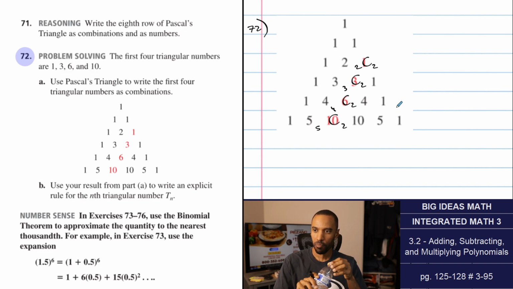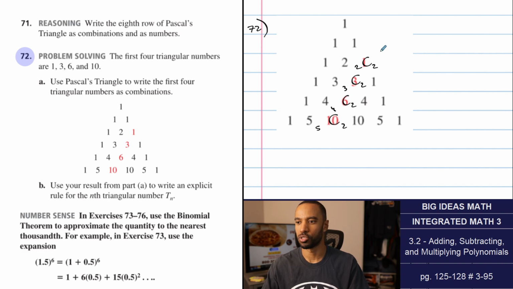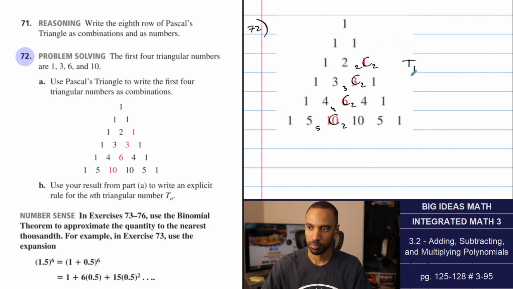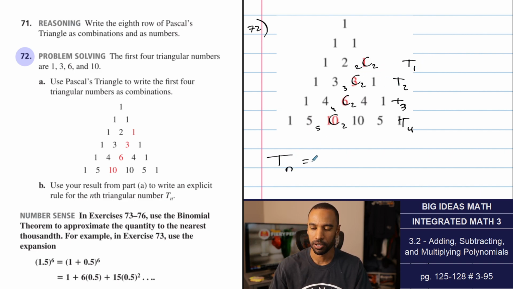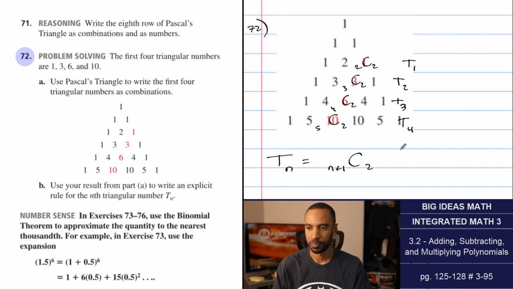So if it helps, this is the first triangular number, T sub 1, this is T sub 2, T sub 3, and T sub 4. What do we see as a pattern? First of all, the choose 2, and this number is 1 more than that number. So T sub n appears to be n plus 1 choose 2.